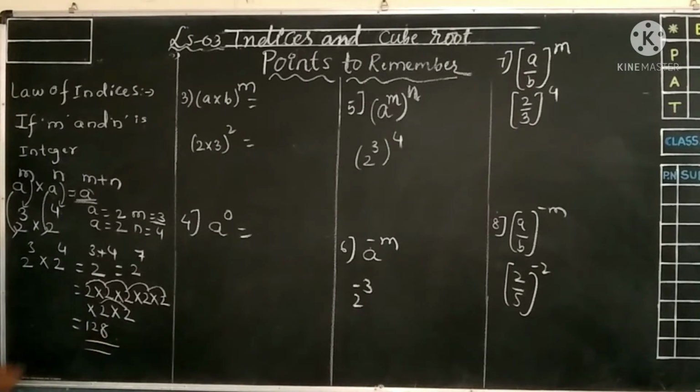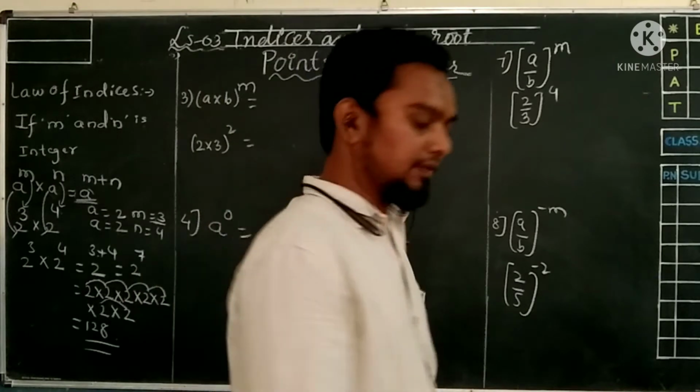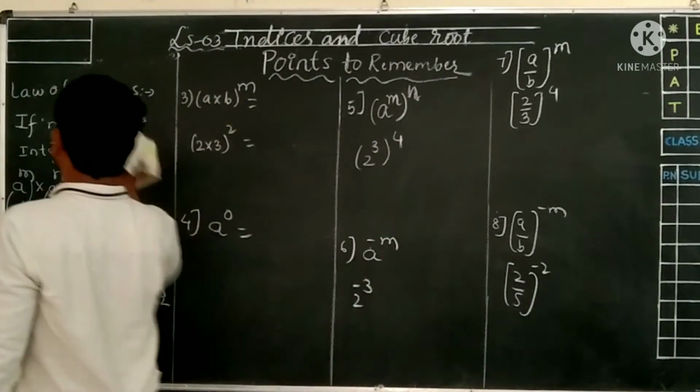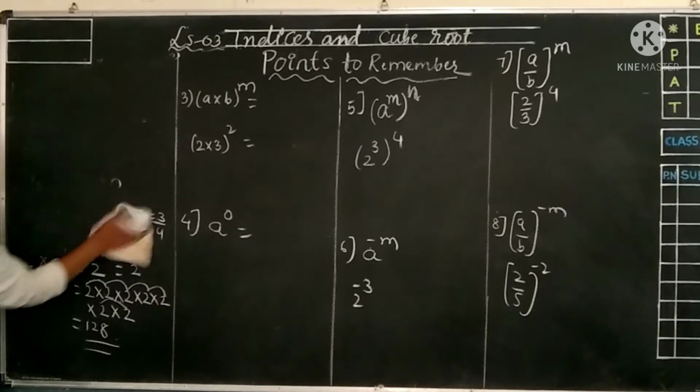Therefore 2 raised to 7 has the value 128.